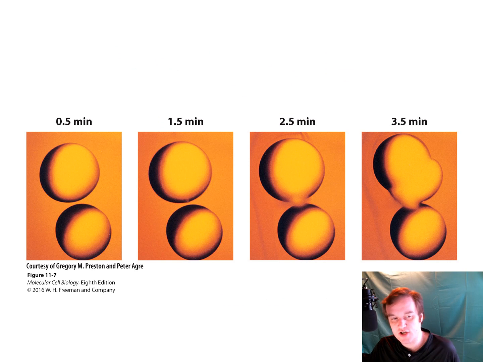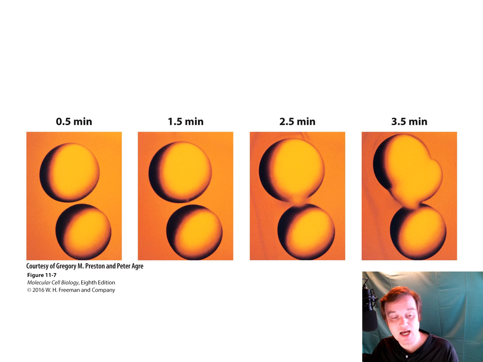So to drive home the point with these osmotic gradients, let's look at an experiment that used aquaporin in frog eggs. Normally frog eggs are impermeable to water and don't have this aquaporin, which is a membrane channel for water.